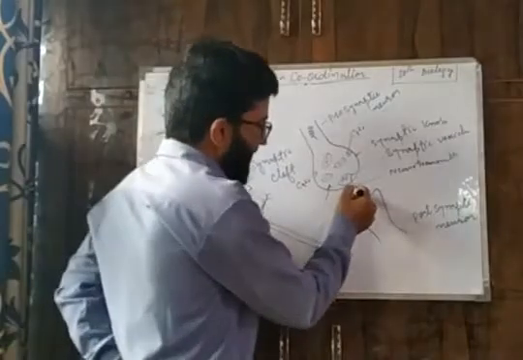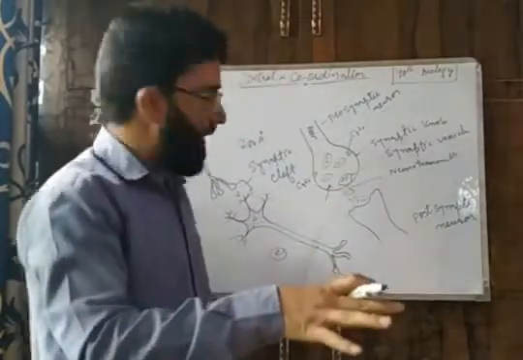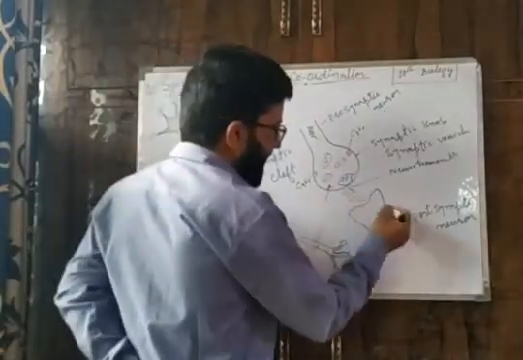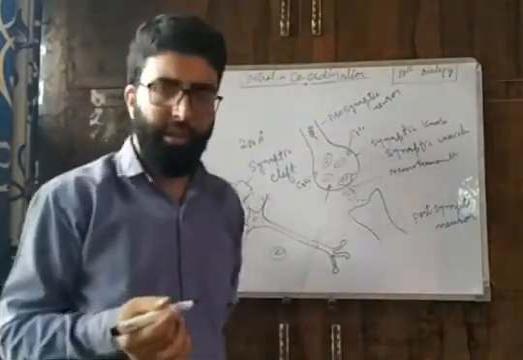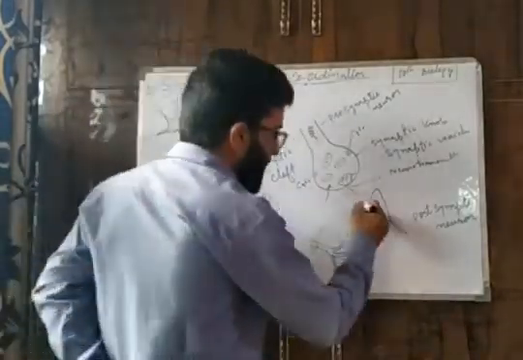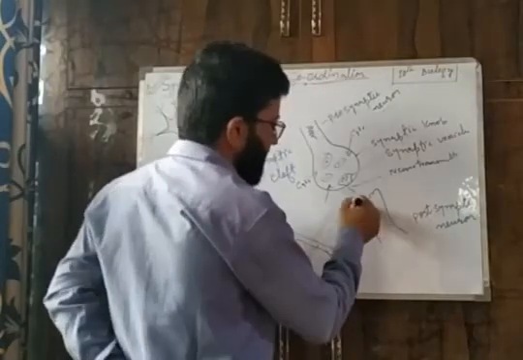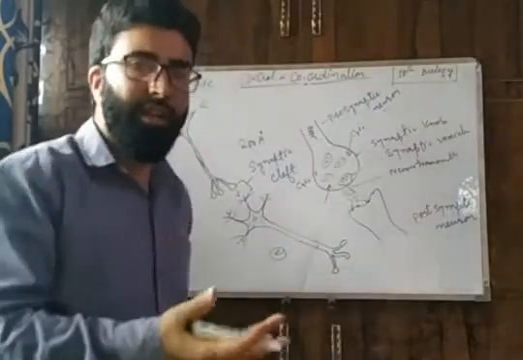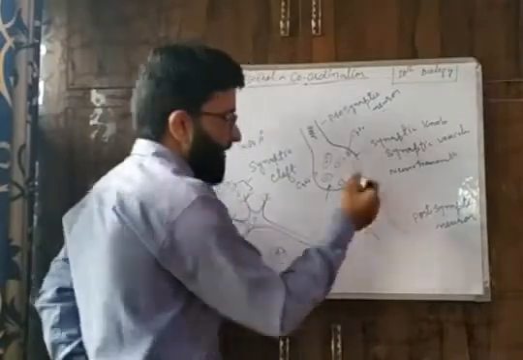The neurotransmitters which pass this gap are received by the dendrites. These dendrites have receptors, and these receptors receive the neurotransmitter.